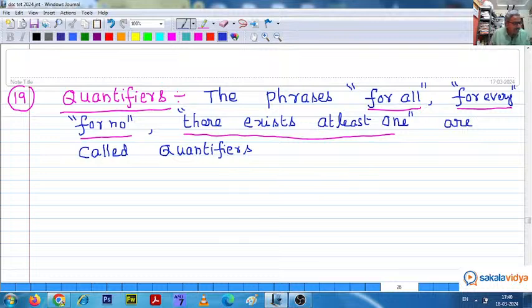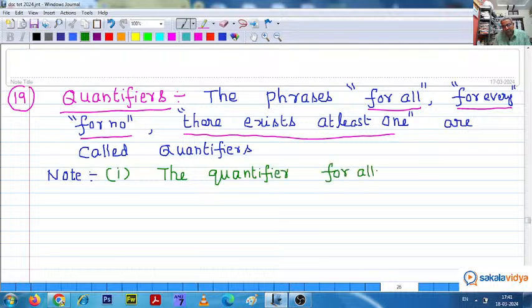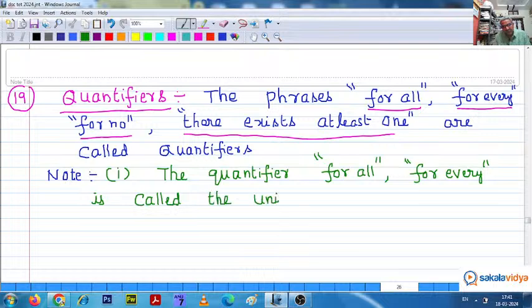Next, write down a very important note. In the first point, write down: the quantifier for all, for every, is called the universal quantifier. Yes, absolutely correct.